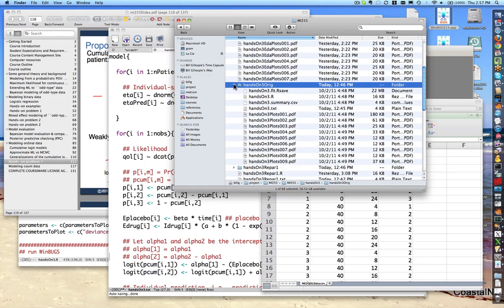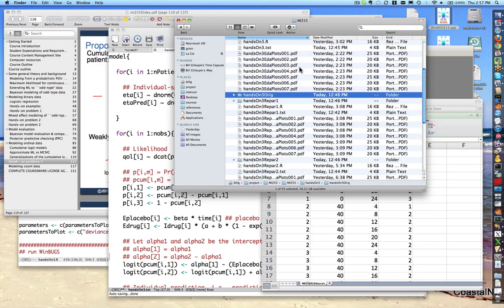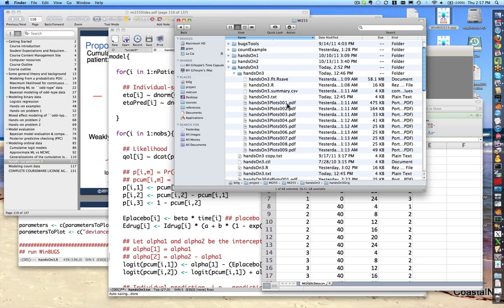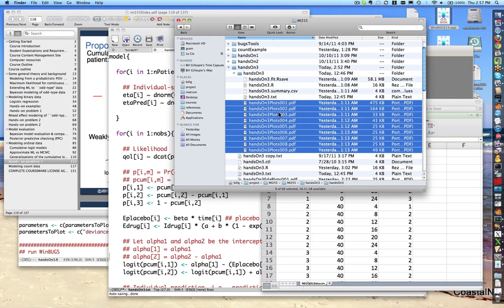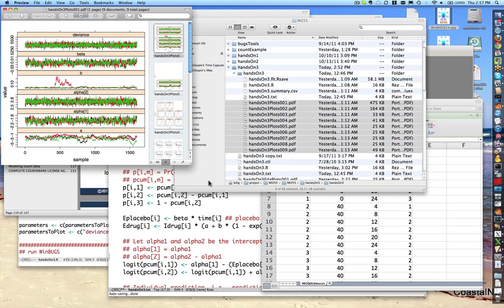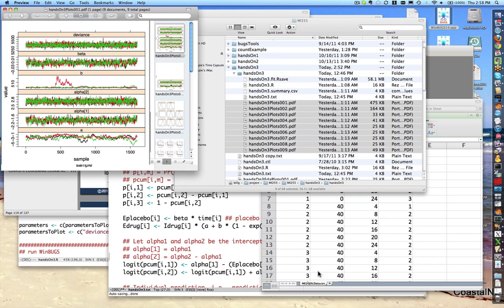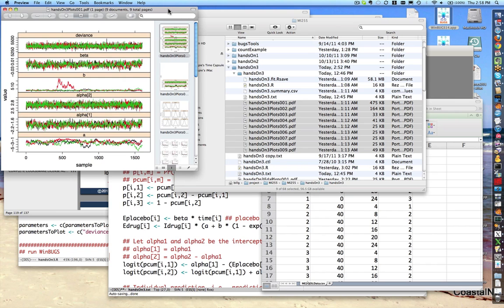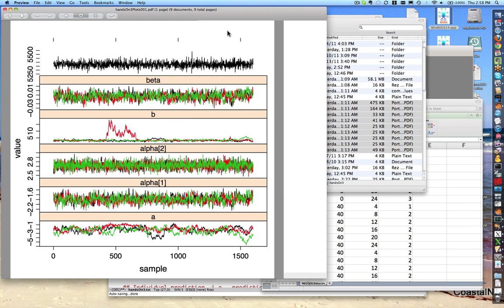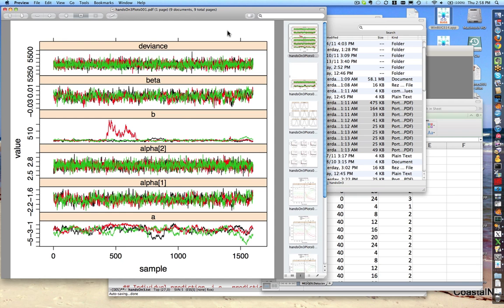That one is up here. It didn't look particularly pretty, so come on, open up. There we go.